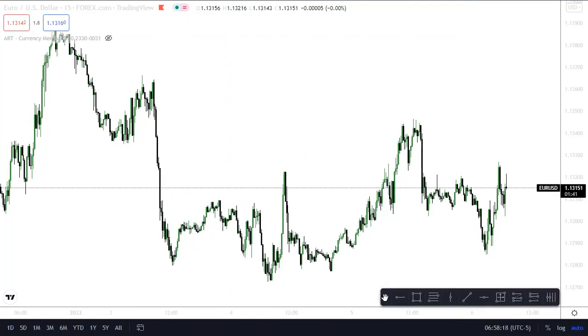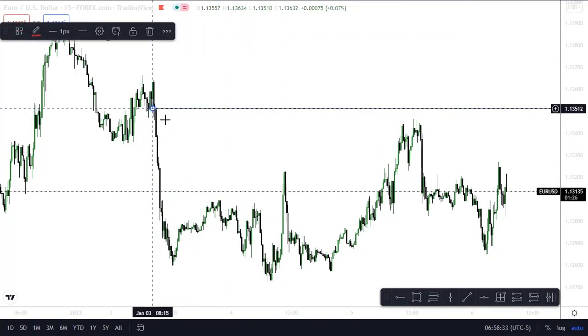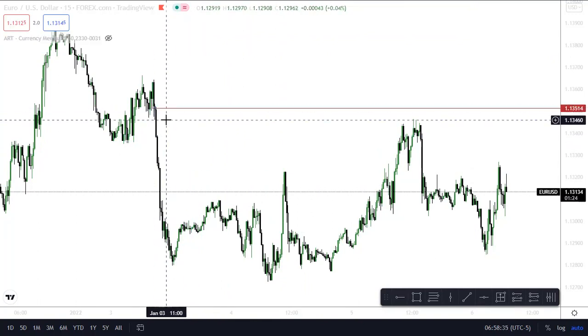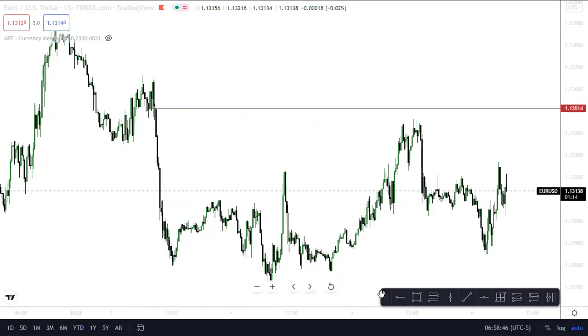Okay. So the first thing you want to understand is that the markets are controlled by an algorithm. This is a notion that I have accepted from ICT. And if you have followed ICT over the years, then you would know that this is something he strongly believes, and everyone who learns from him has now accepted that.